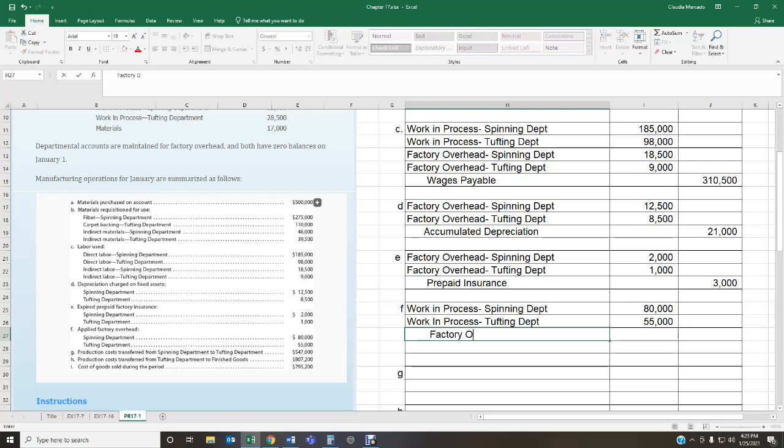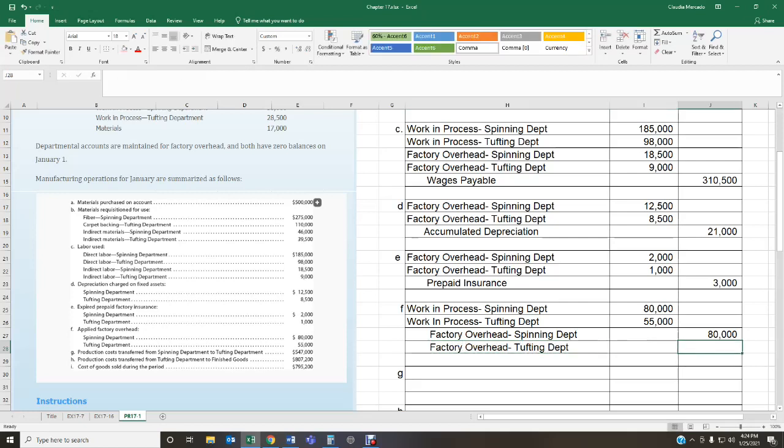So my factory overhead is being reduced for the spinning department by 80,000, and then factory overhead for the tufting department 55,000. If you notice, when we accumulate factory overhead, we debit the factory overhead account. When we apply factory overhead, we credit factory overhead.